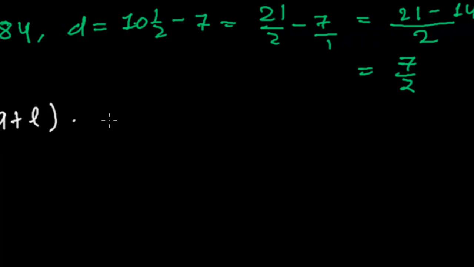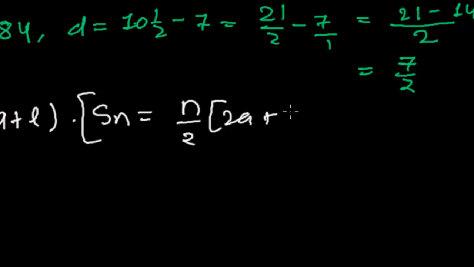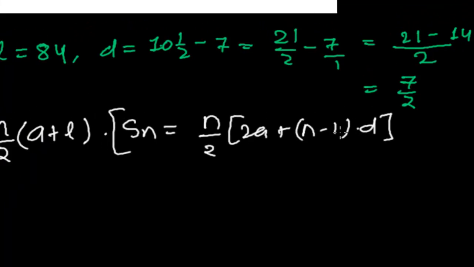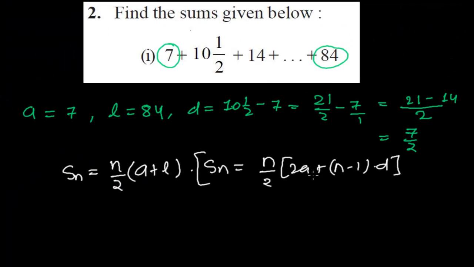We have another formula also, let me write it here for your remembrance: n upon 2 times 2a plus n minus 1 times d. This formula is used when you have got n terms, first term and the common difference, and the other formula is applied when you have got the last term, first term and the n terms.